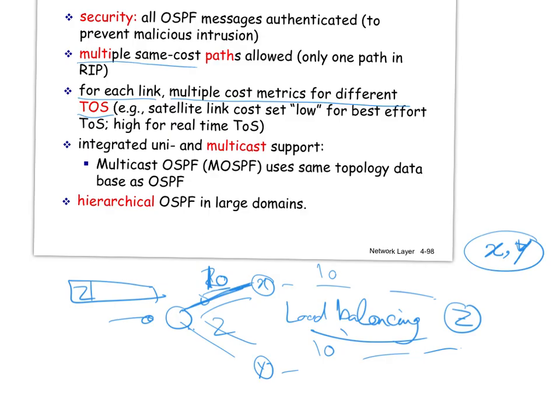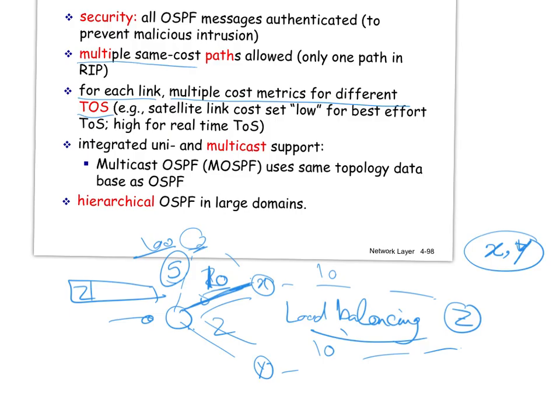But I have a satellite communication that can reach X with a cost of, let's say, 5. But this 5 is for browsing. For real-time applications, this cost will be 100. Confusing enough? So it uses multiple cost metrics for the same link, and it uses the cost depending on the type of service.